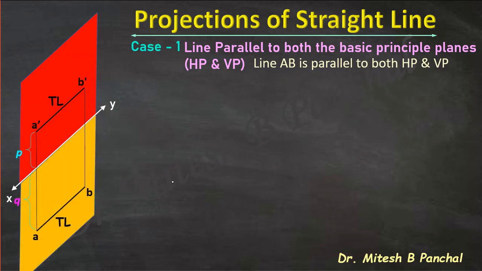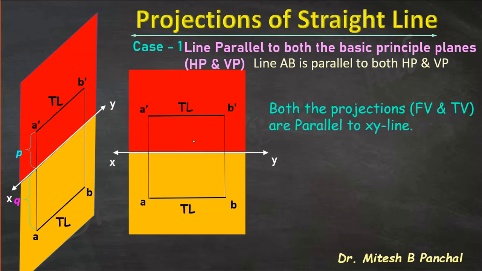Now, how to obtain the projection, or how to solve the problem. As we know, we are keeping the position of VP fixed, meaning here the red plane will remain fixed, and we are rotating HP in clockwise direction by 90 degrees. So both the front view and top view of line AB we will get on the same plane.